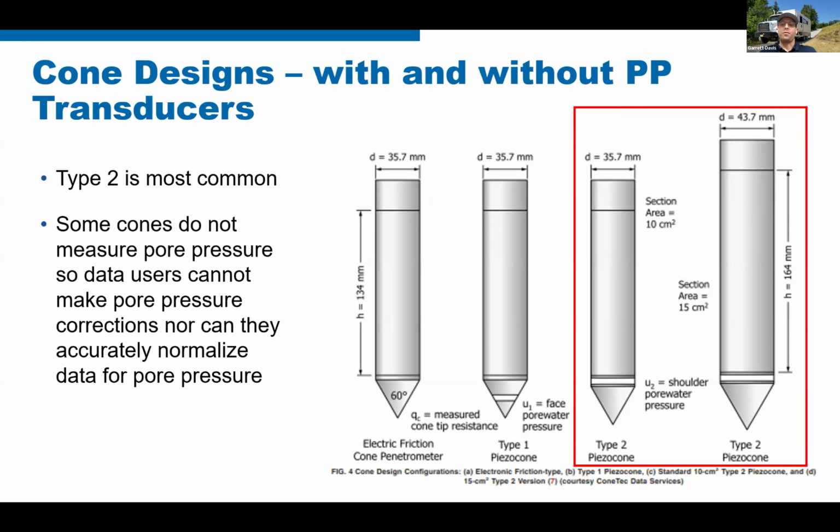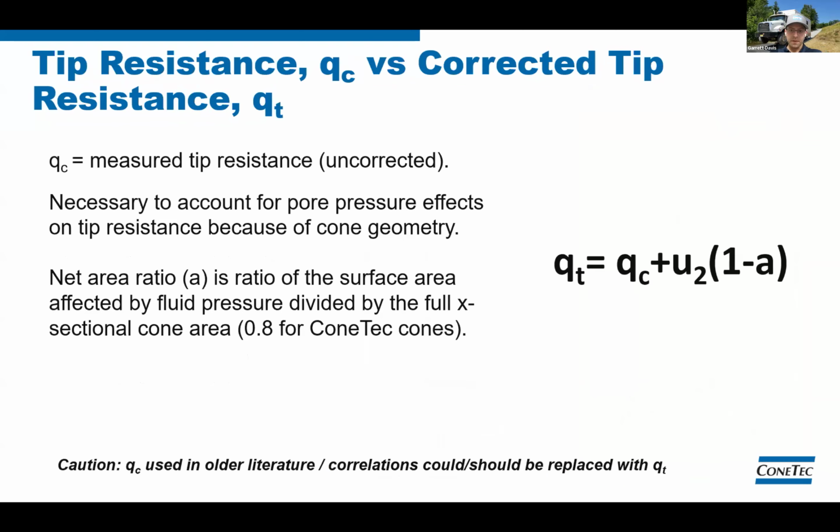If you don't record pore pressure, you lose the ability to make corrections and normalize your data. So it's an important parameter to measure for accurate and reliable calculations. We'll see why this matters in the next couple slides here as well. So when we push a cone into the ground, we're collecting QC, the measured uncorrected tip value. Most equations call for QT, or corrected tip.